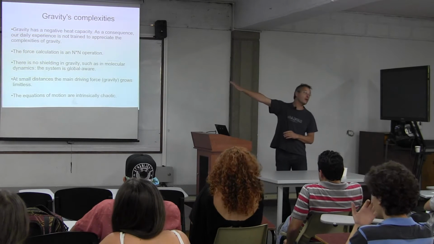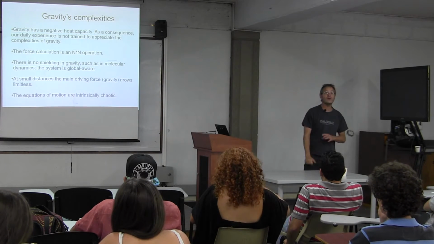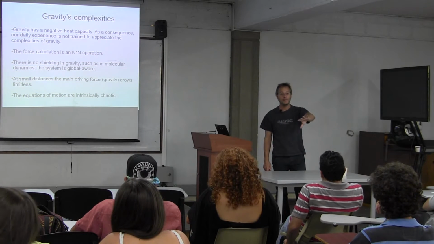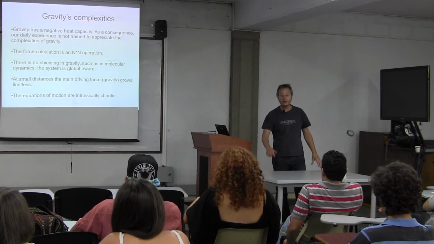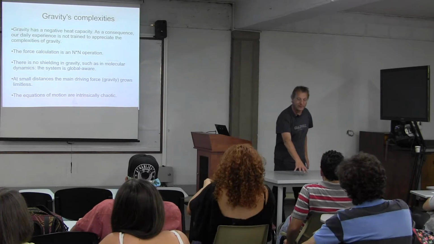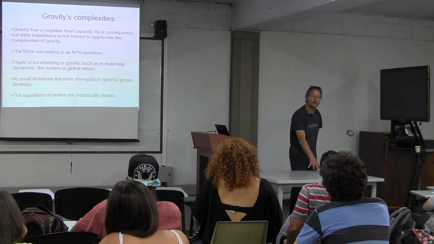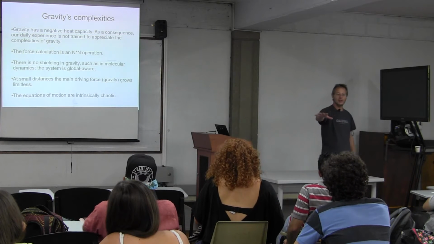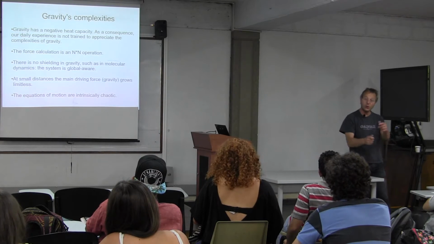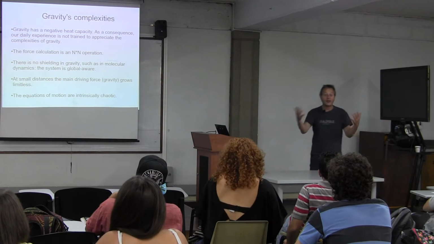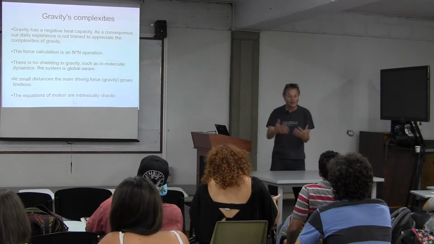The force calculation is n squared. That means every star pulls at every other star. But why does gravity have this negative heat capacity? You can just do the derivative dE. The negative heat capacity is just the derivative of the energy with respect to what you put in. So what's the response? In gas dynamics, for example, it's positive. But in gravity, it's negative.